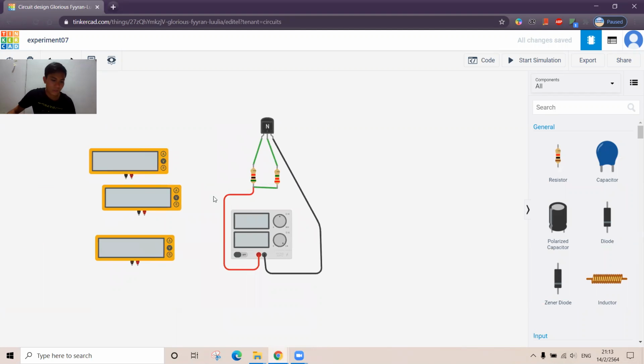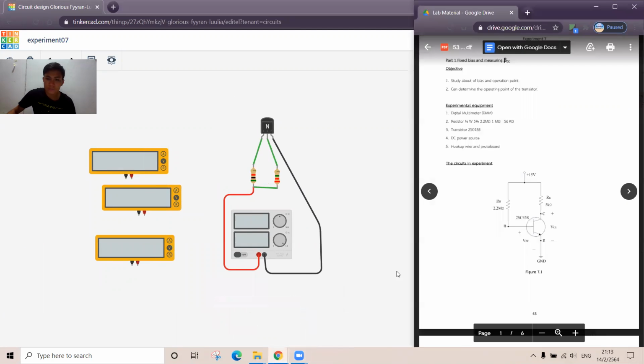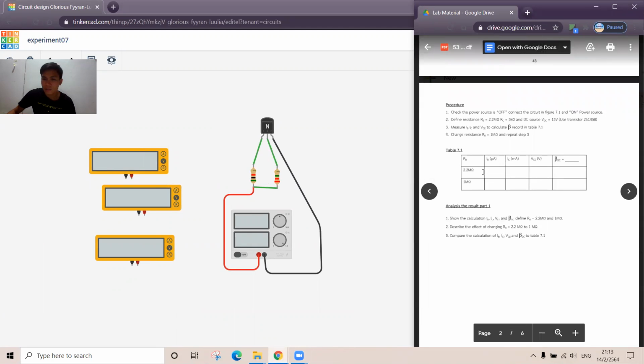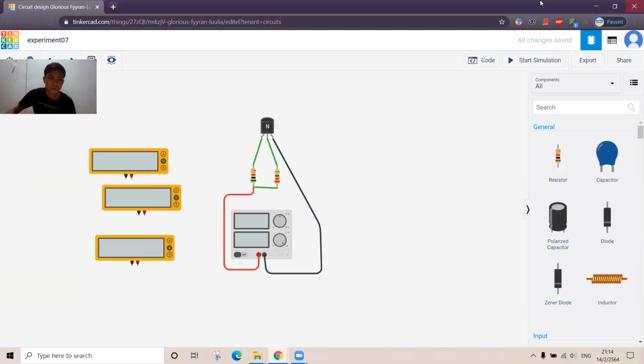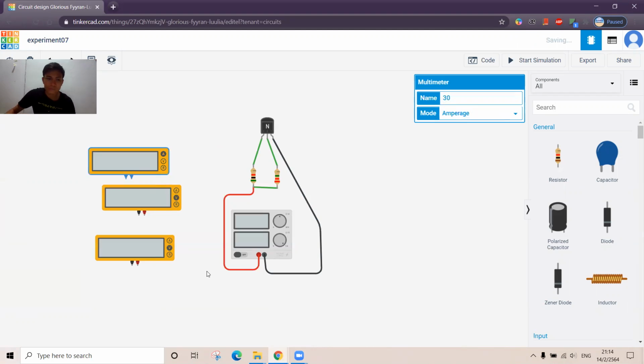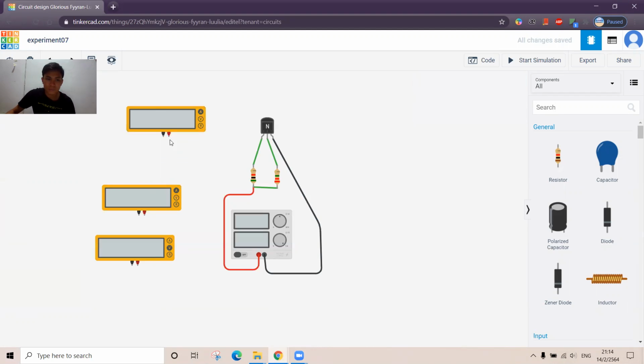So now we are ready to measure the currents IB, IC, and the voltage VC. Positive comes here.